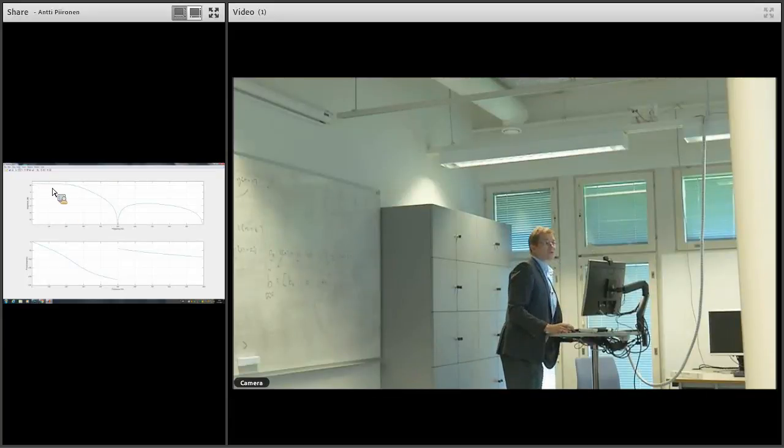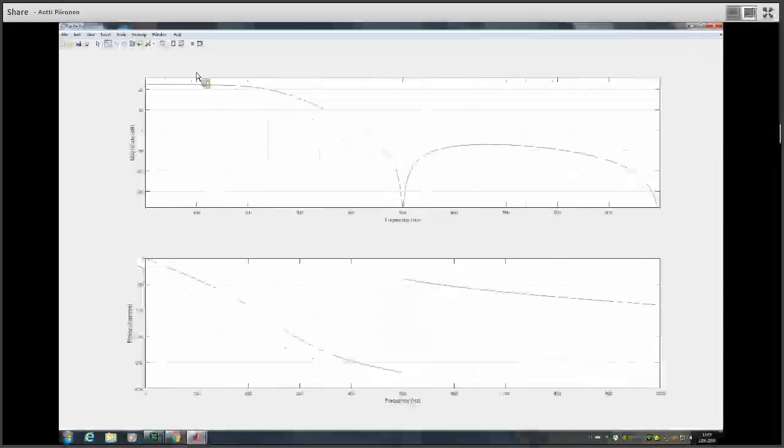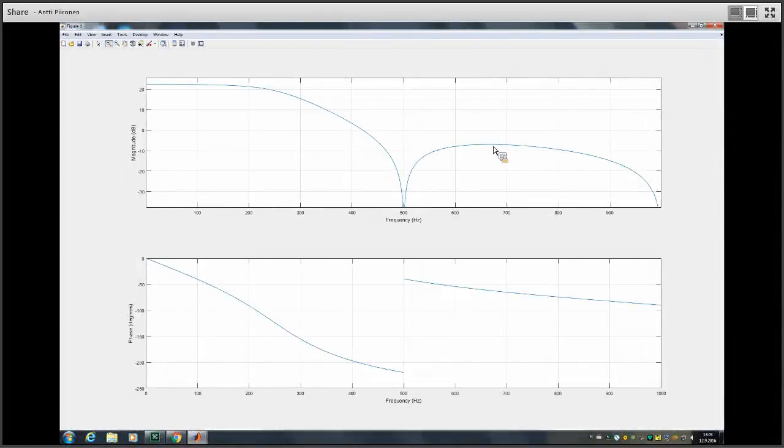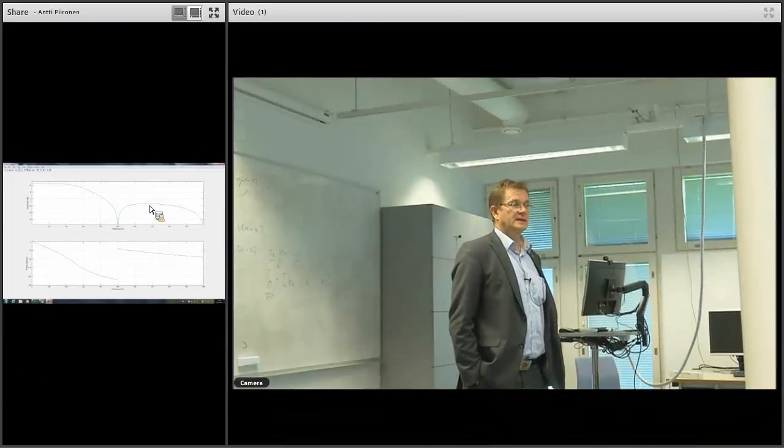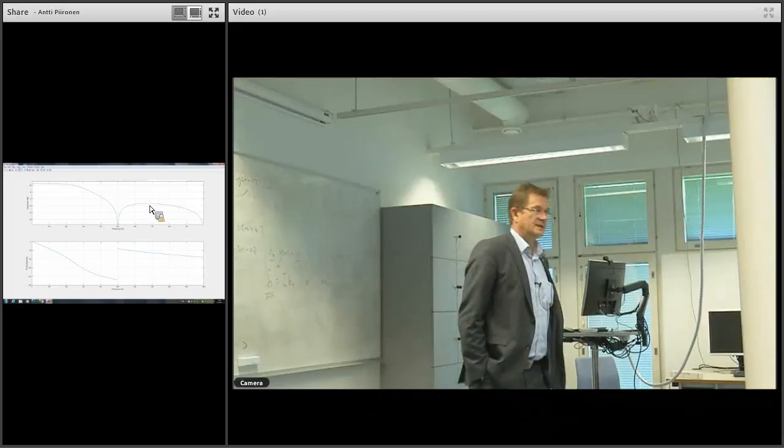Okay, not a good filter yet, but it drops from 22 to minus 8 dB. That's 30 decibels of stopband attenuation at the minimum.